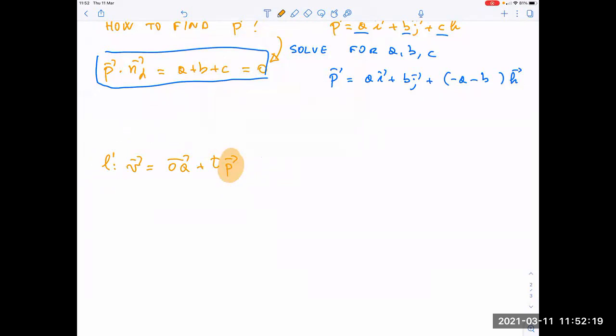And to do that, we also need, if you remember, a point Q. So I have P, my vector minus I plus J. Now I need Q. I need Q on the plane alpha. Can you give me a point Q on the plane alpha that I can use to write down the parametric form of the line?